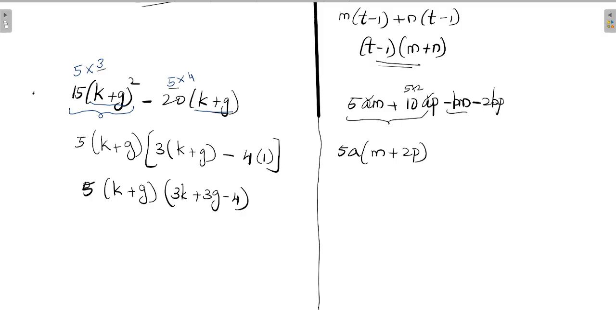The second 2 terms, that is the last 2 terms, have negative b times m plus 2p. Here also the same thing: negative is there, we have taken it as a common factor, so definitely there will be positive when we remove these brackets. We will get the original expression. Now m plus 2p is the common factor, times 5a minus b. These are the final factors.